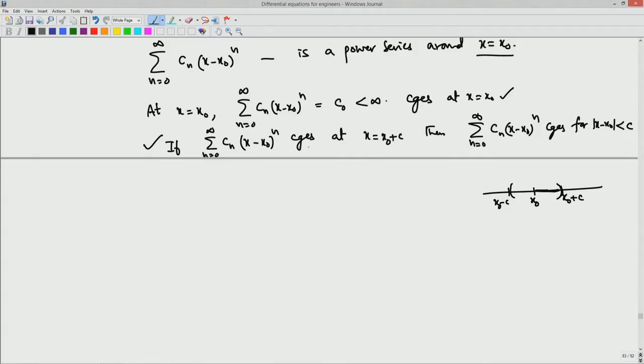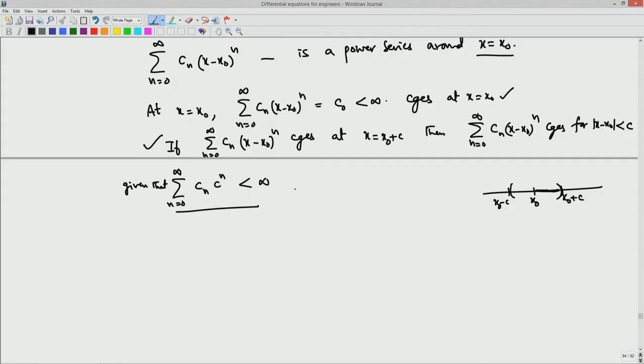If we know a priori that this is converging at x equal to x naught plus c, that means, given that it is the sum of C n c power n from 0 to infinity, this is finite. This is given, because this is simply a series of numbers, a number series that is converging.